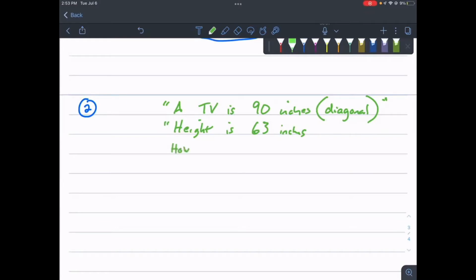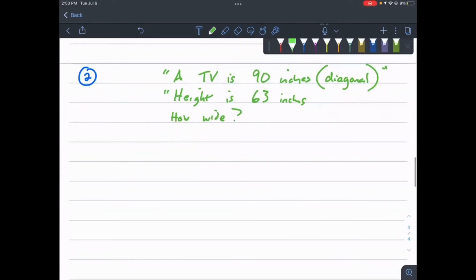And it's asking how wide is it? So basically what we have is a rectangle. And we know that the diagonal is 90. The height is 63. And we're trying to figure out how wide is it.